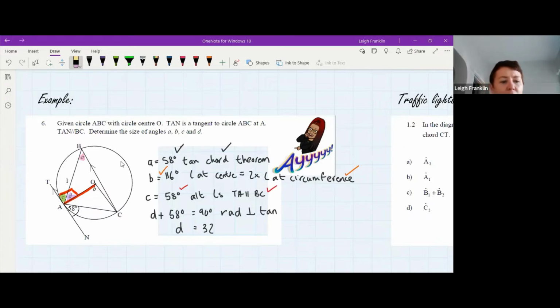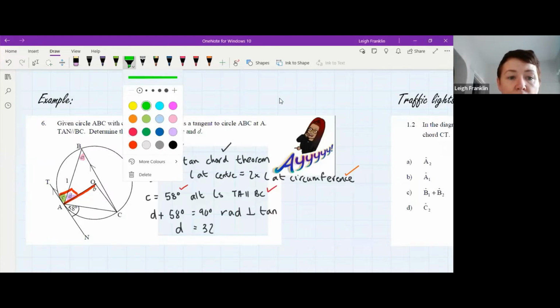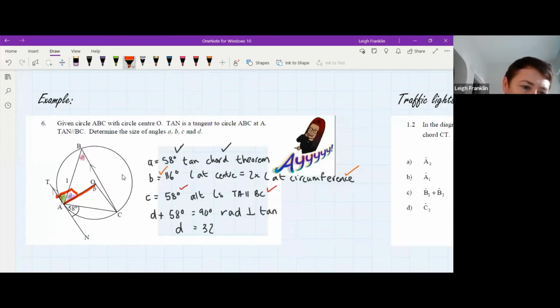Okay. Valerie, you want me to explain how we got D again? Not a problem. Valerie, can you see the orange lines? This orange line from A to O is a radius, and this orange line over here is your tangent. So your radius is perpendicular to your tangent.